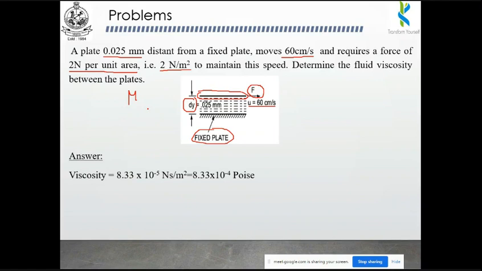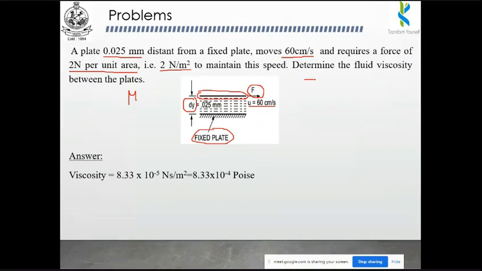So the procedure that we have to follow here is, initially we have to use the basic formula for dynamic viscosity. The dynamic viscosity is the fluid viscosity, so we have to find the dynamic viscosity. What is the basic formula that we have here?